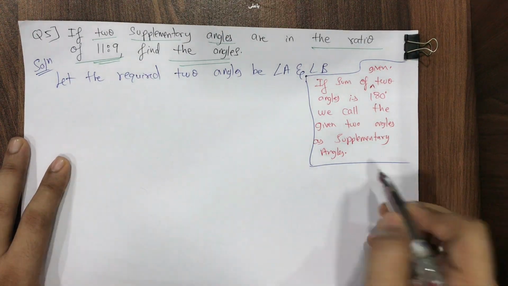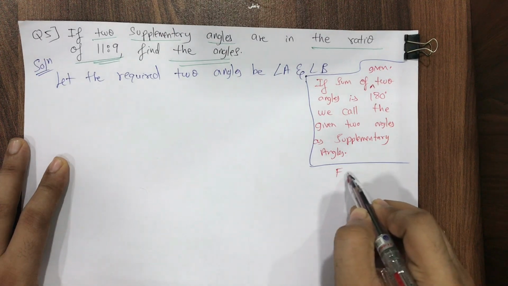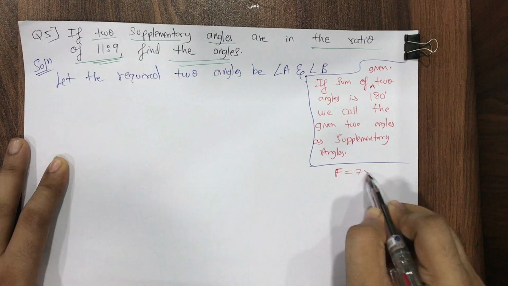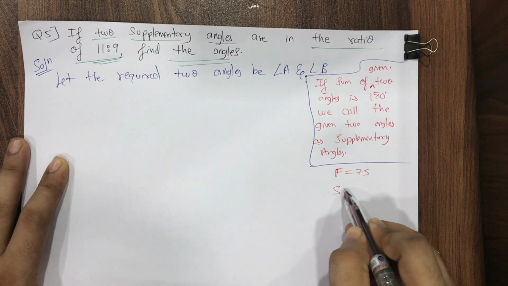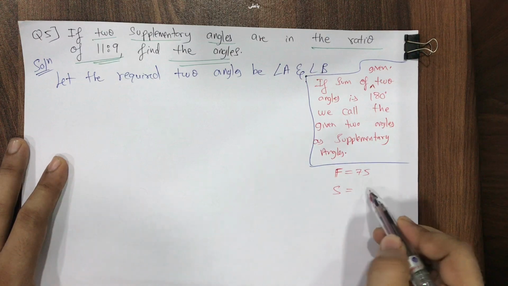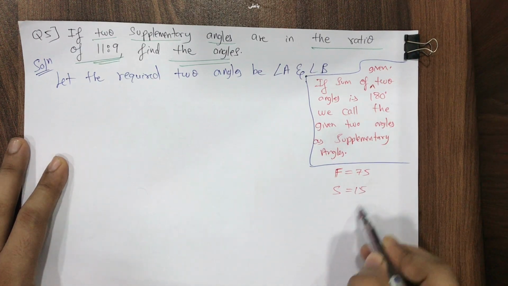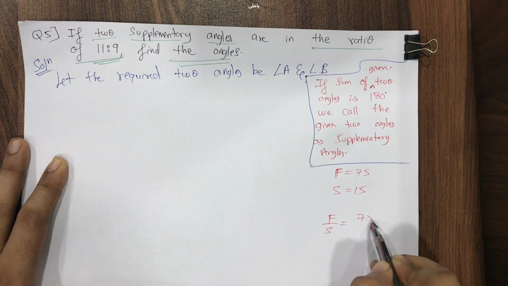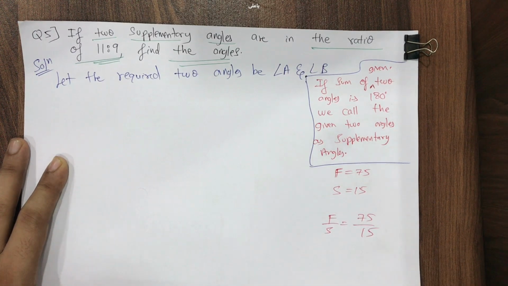If it's given that the age of father F is 75 years, and the age of son S is, for example, 15 years, and I find the ratio father upon son, this will be 75 upon 15.